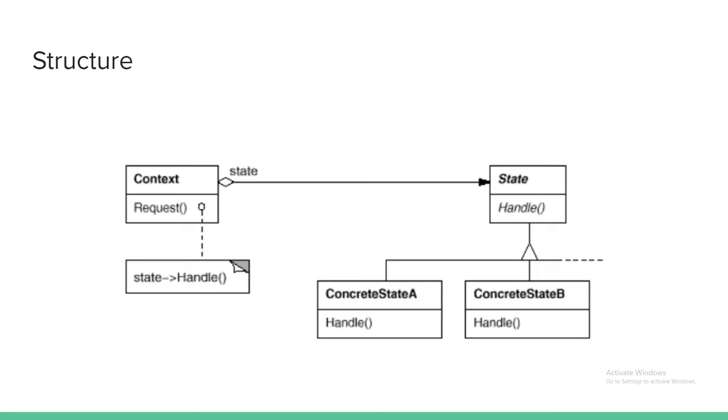This is the basic structure of the state pattern. So over here we have what's called the context, and that is the original object that the user interacts with, and it maintains an instance of a concrete state subclass that represents the context's current state.